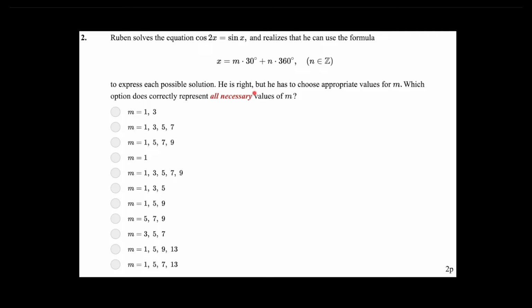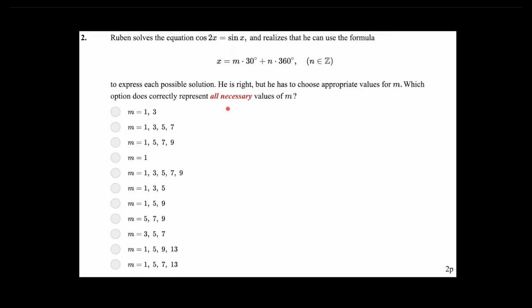He is right, so I'm telling you he is right, but he has to choose appropriate values for m. Which option correctly represents all necessary values of m? Okay? So is the question clear?